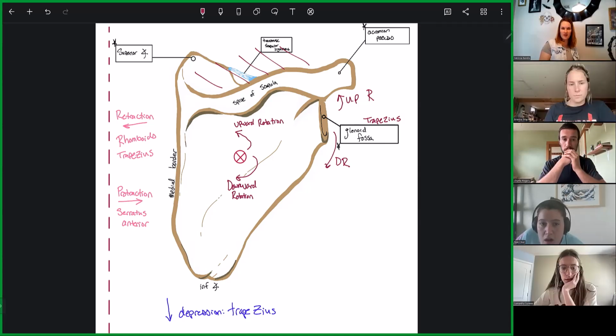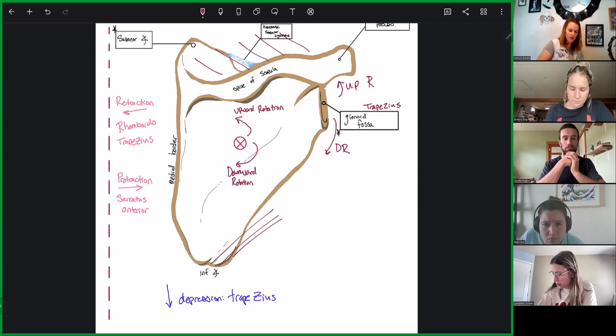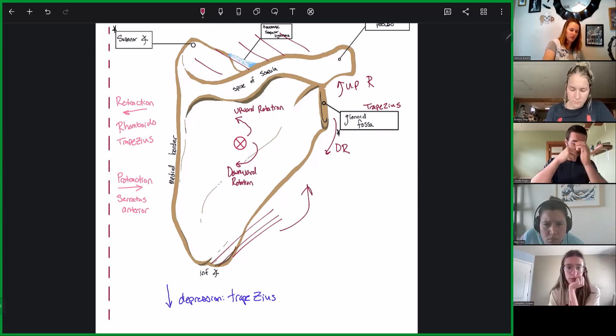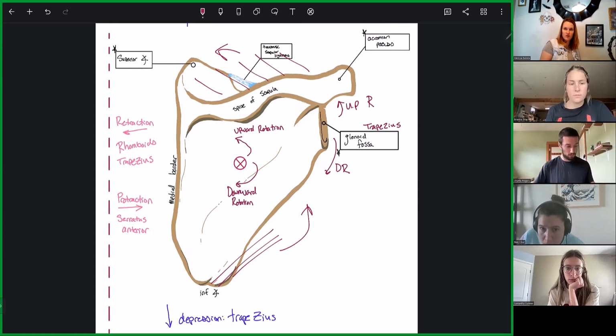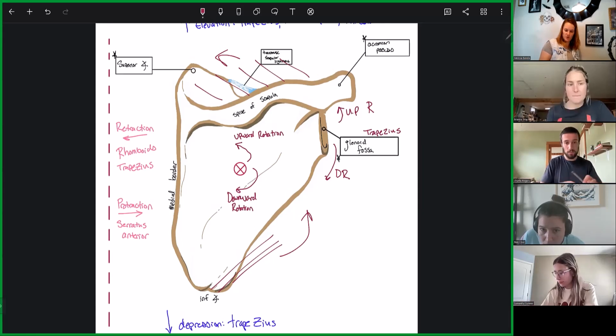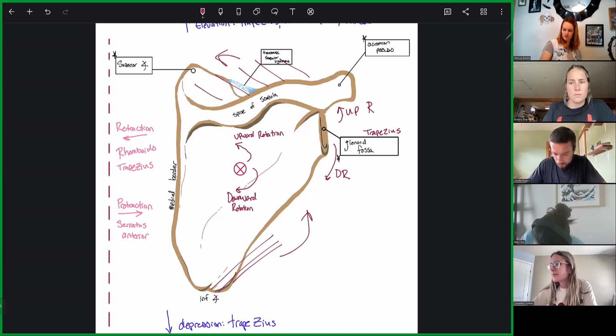There is one other muscle that's going to help us do upward rotation. And it's because we have a muscle attaching from the inferior angle pulling this way to also help with that movement going this way and that way. Samantha, what muscle attaches at the inferior angle? Let's see.